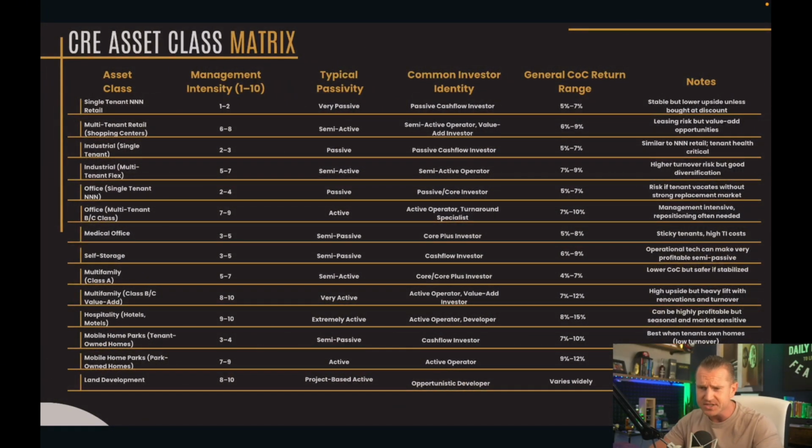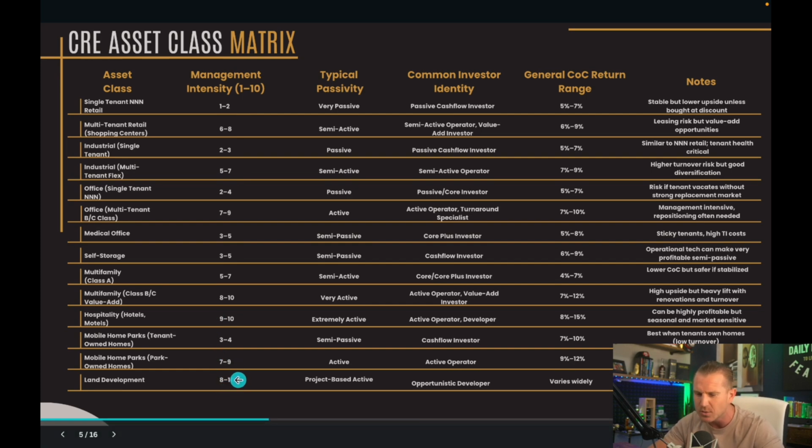Now, this is just a very quick, high-level CRE asset class matrix, which you can pause here and go through. Just know that there are nuances to every one of these categories. Some may have a little more management intensity, some a little less than what's put here.